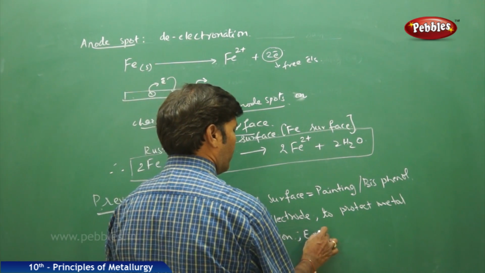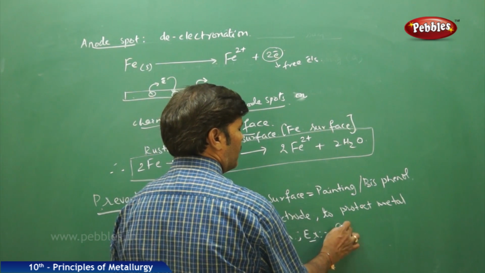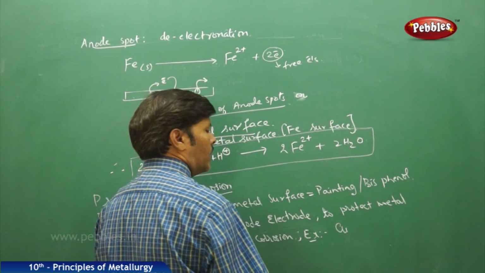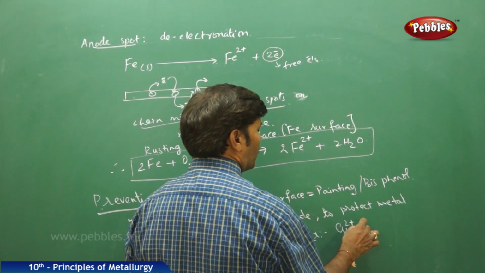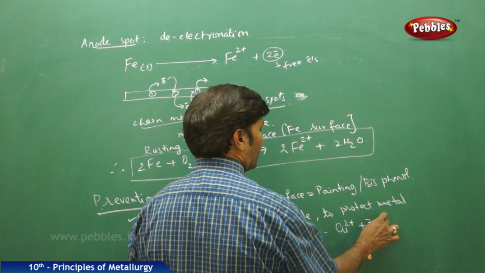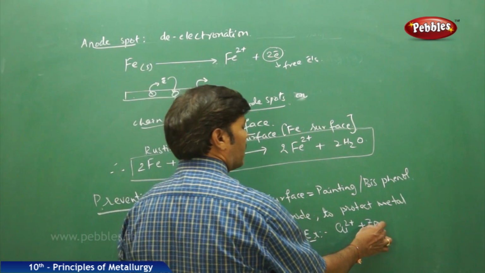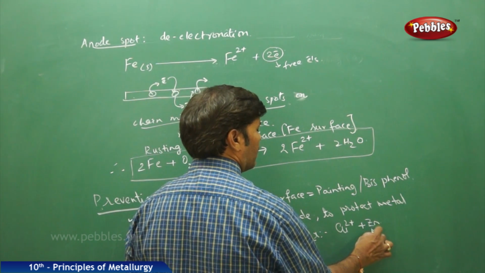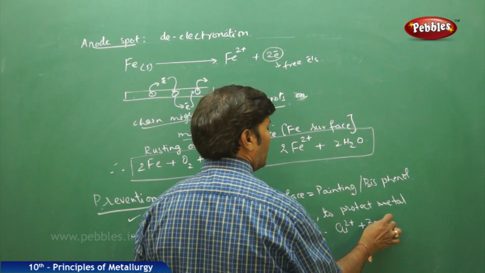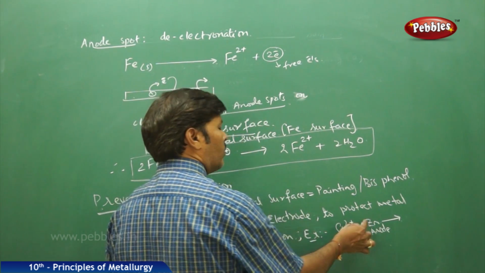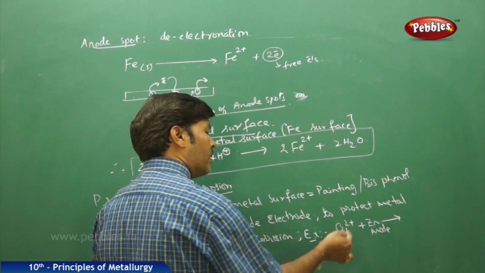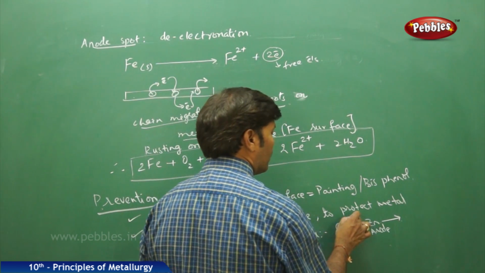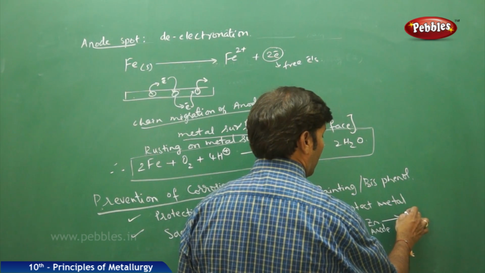Example: imagine that the cupric ion, the copper ion, is getting reduced, and is subjected to rusting. Then the zinc metal acts as anode, and it oxidizes. If it oxidizes, it reduces the cupric ion, preventing the cupric ion from undergoing rusting.